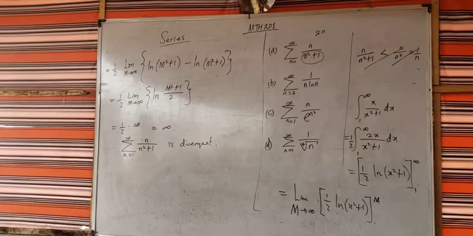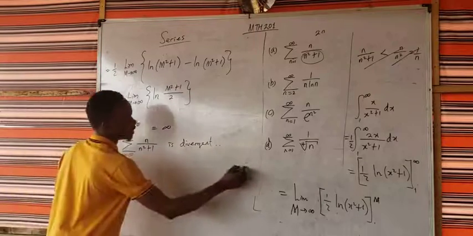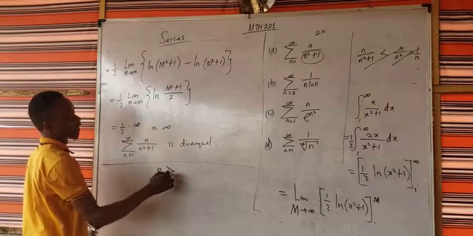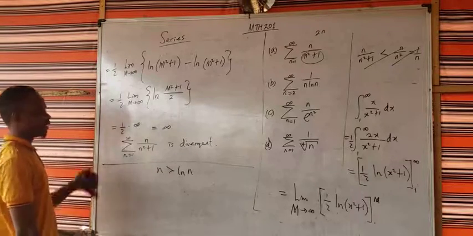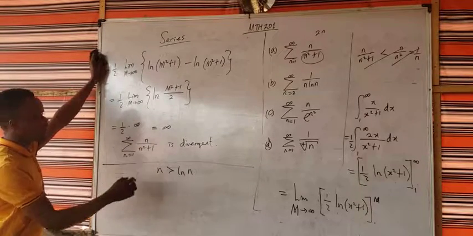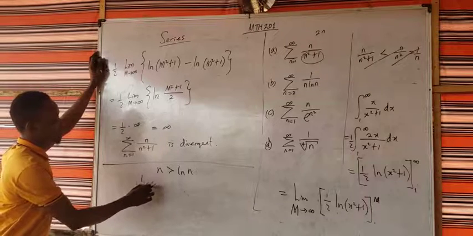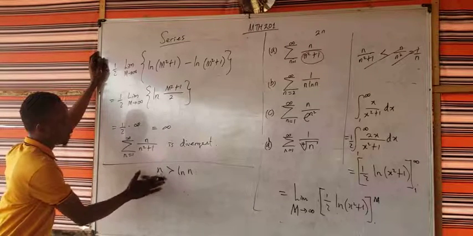What we're comparing is 1 over n squared. One thing you should know is that n is always greater than ln n. If n is always greater than ln n, then 1 over n is always less than 1 over ln n.